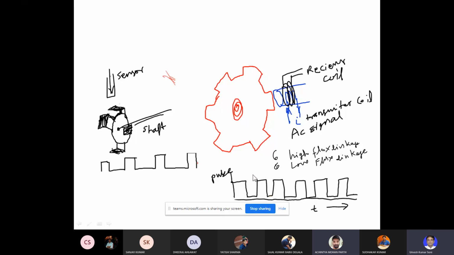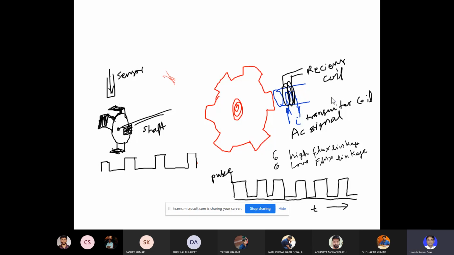So suppose the disk is rotating with a high speed, then the frequency of these pulses, meaning the number of pulses per unit time, will increase. So a frequency to voltage converter may provide the magnitude of speed, and some calibration is also needed.